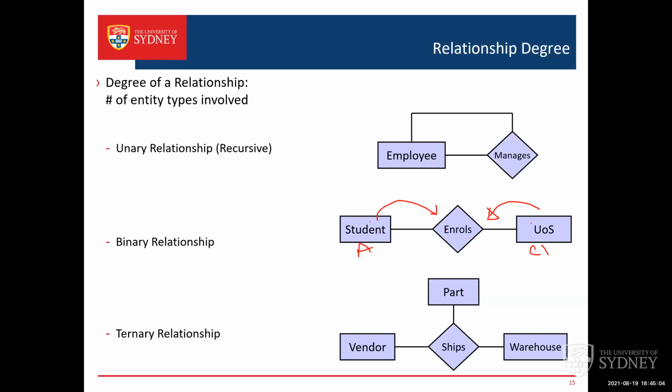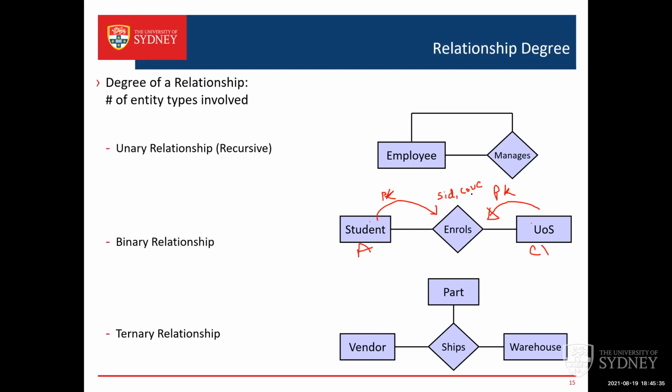Definitely the primary key. That's why we created the primary key, because it can uniquely identify every other attribute. So we simply take the primary key of the student table and the primary key of the unit of study table into this enrolled table. So we will have student ID, and from unit of study, the course code.